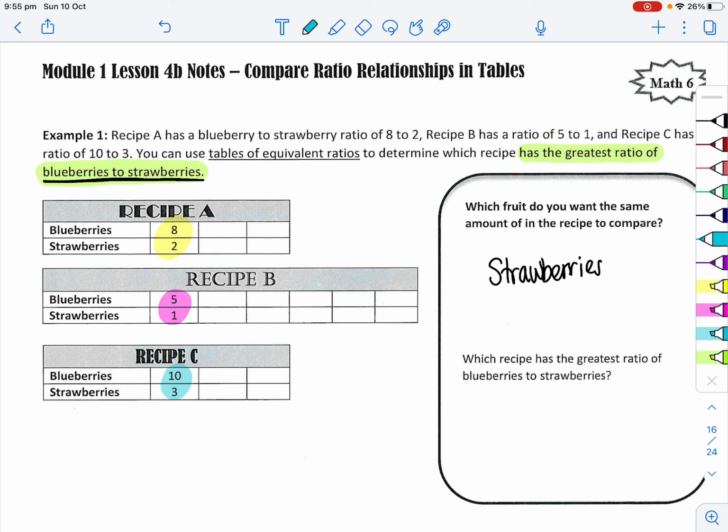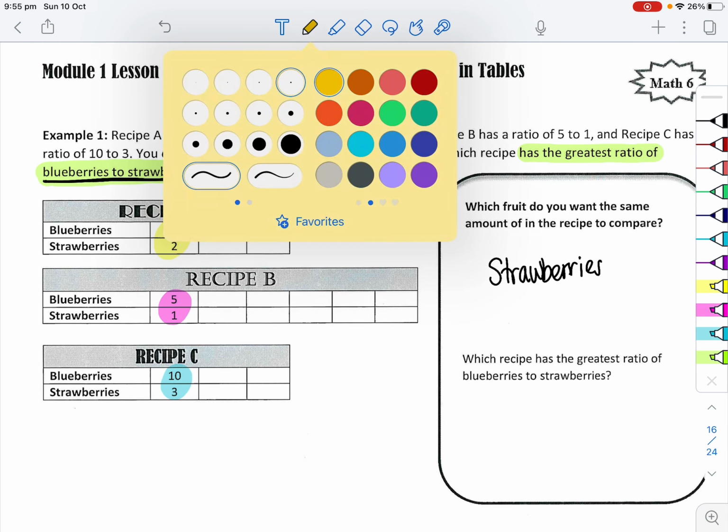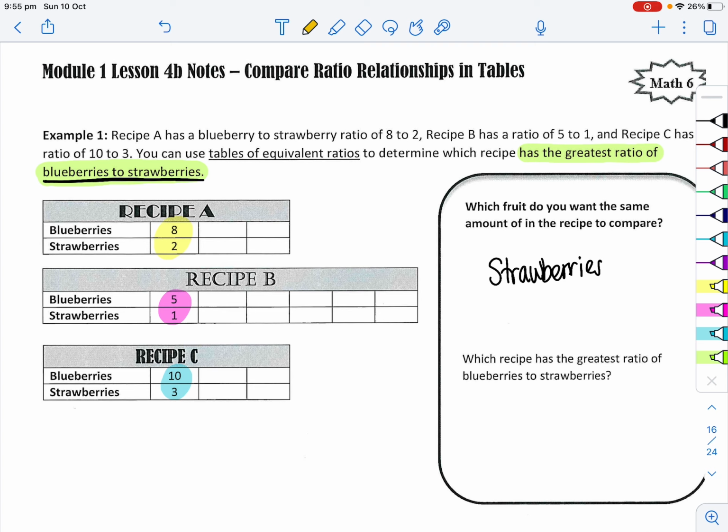So what I'm going to do is continue my ratio tables in each situation. So for recipe A, it's going to be 16 and 4 and then 24 and 6. And I'm just filling out the table. You'll notice that the tables are different sizes, and we'll talk about that in a second. In recipe B, I'm going to go up 5 and 1.